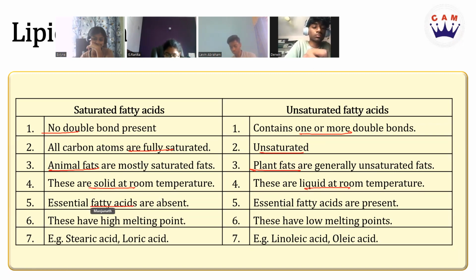Essential fatty acids are not present in animal fats, but they are present in plant fats. What is essential? Which has to be taken only through diet or food. Since they remain solid at room temperature, they have high melting point. Since they remain liquid at room temperature, they have low melting point. Examples of animal fats are stearic acid and lauric acid, and of plant fats are linoleic acid and oleic acid. Hope it is clear. Next.